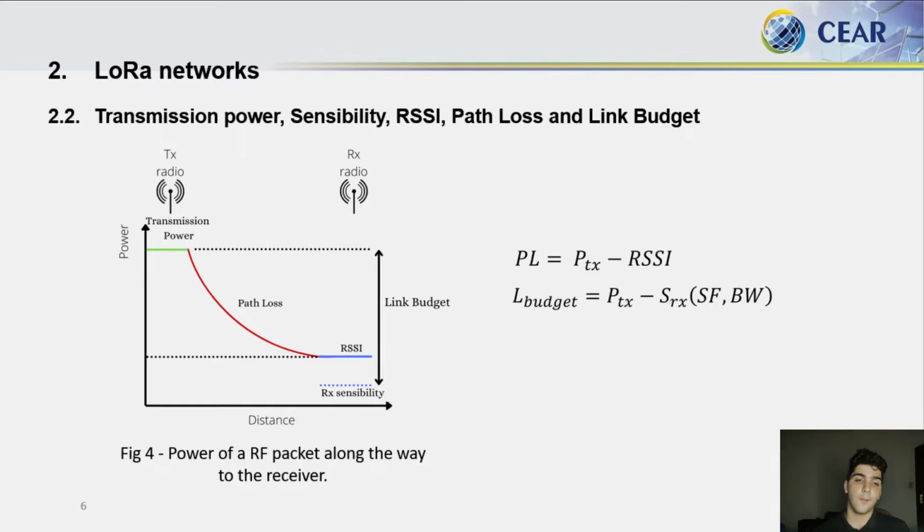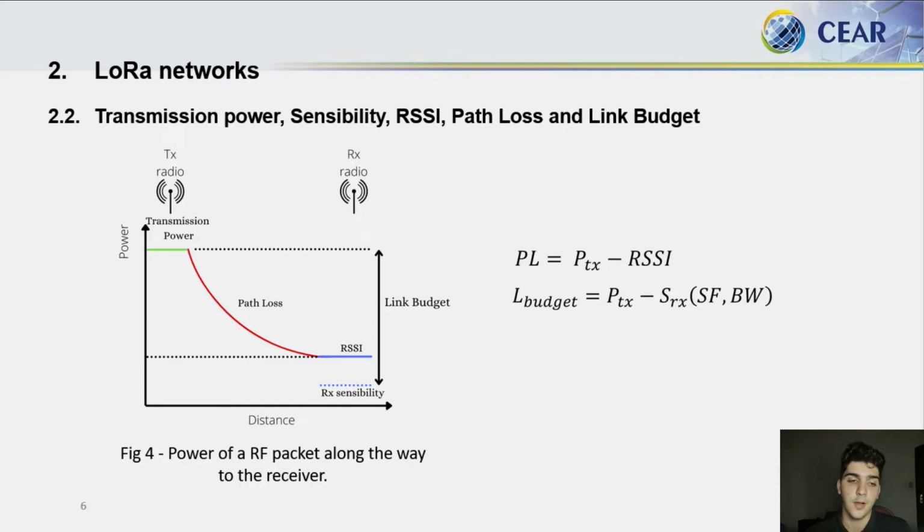The transmission power is the power with which the package leaves the transceiver radio. The sensibility is the lowest power with which the receiver is able to receive a message. The link budget is the difference between the transmission power and the receiver sensibility. The RSSI, that is, the received signal strength indicator, is a power indicator with which a package is received by the reception radio.